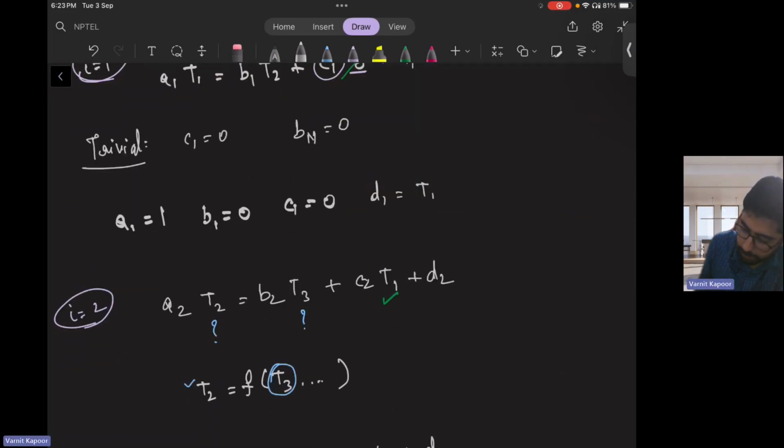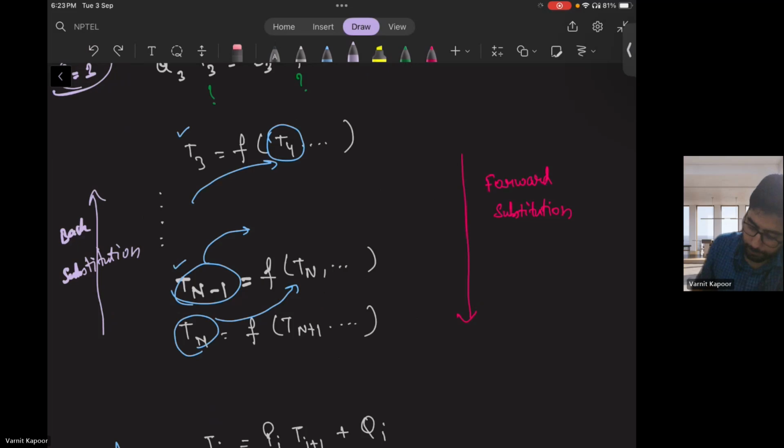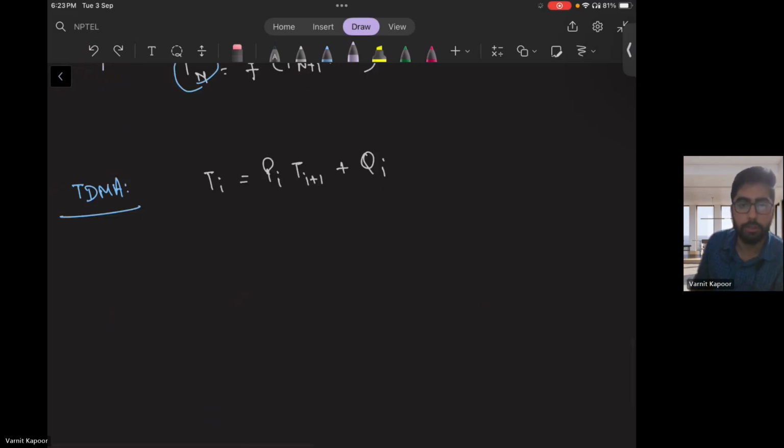If you see here, T at 2, which was to be found out, is nothing but the next value: Ti equals P_i times Ti plus 1 plus some constant value which you have. So Tn can also be written as Tn equals P_n times T of n plus 1 plus Q_n.